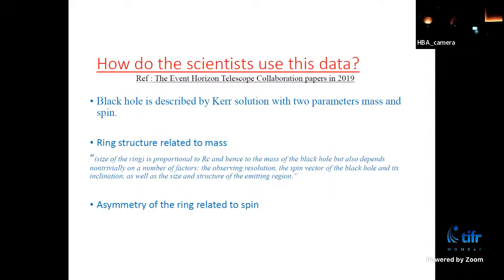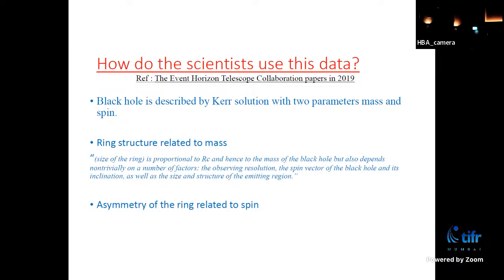Okay. Now, next thing that we could ask is, how do we use this image? How do we use this data to find new physics happening at the black hole, and try to understand some parameters of the black hole? Now, the black hole, in this case, is described as something called a Kerr solution, and it has 2 parameters.